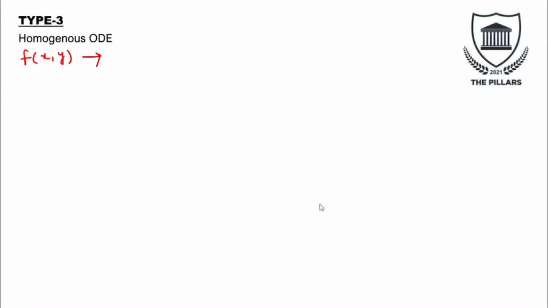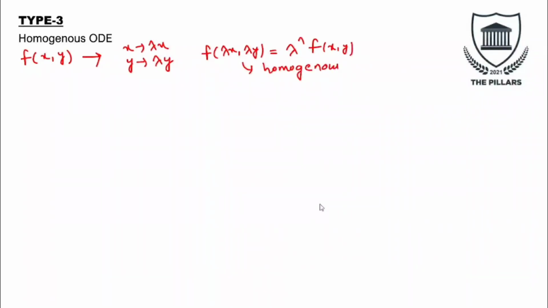It is called homogeneous only if we put lambda x in place of x and lambda y in place of y, and f(lambda x, lambda y) becomes lambda to the power n times f(x, y). Then this n is called the order of that differential equation, or if we have a function, then the order of the function. Let's take an example.